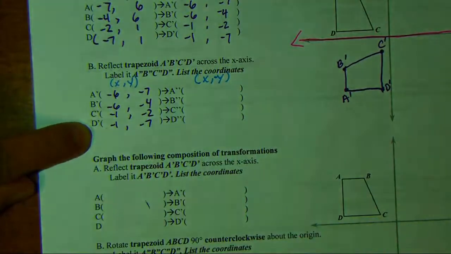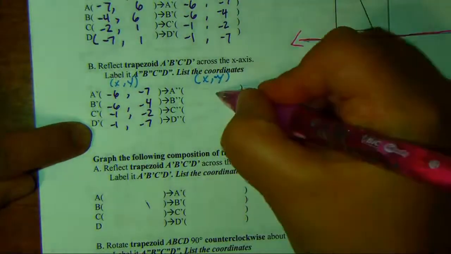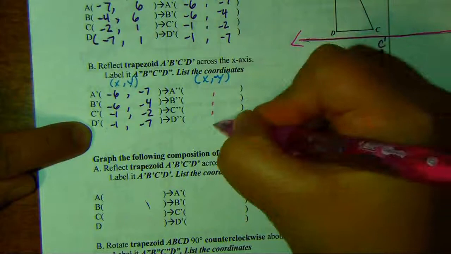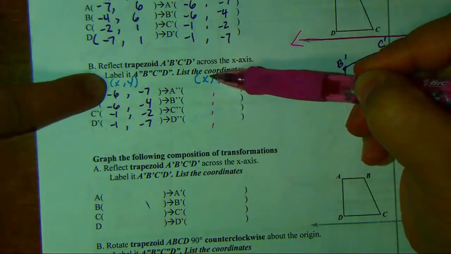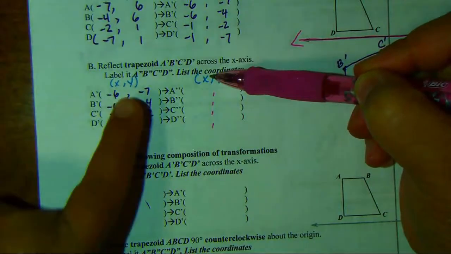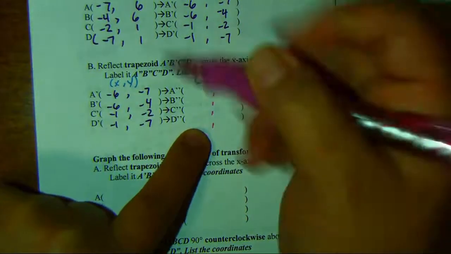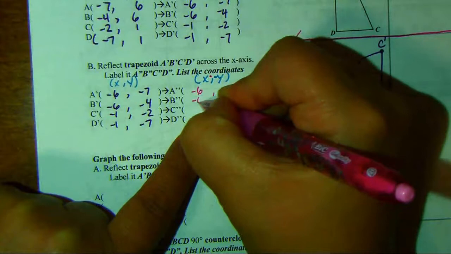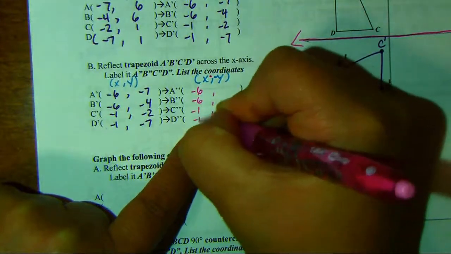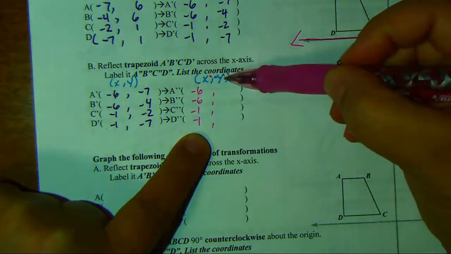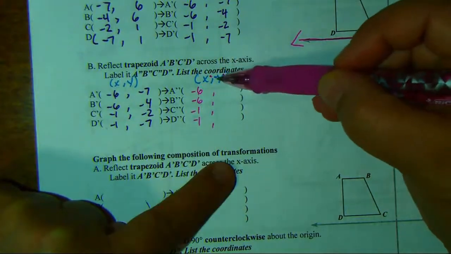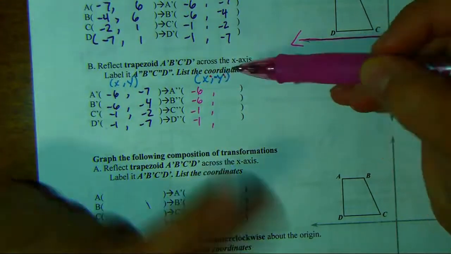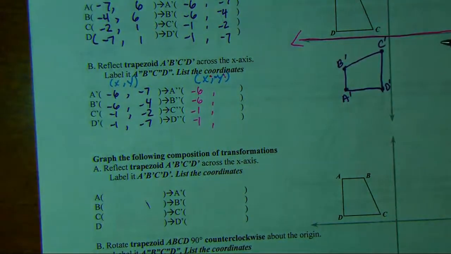And when we're talking about our reflection here, notice the rule says that the x's stay the same. So I'm going to bring my x's right over here. So -6, -6, -1, -1. My y's, however, they're going to change their sign. So this says -y. Again, that means we're changing the sign.